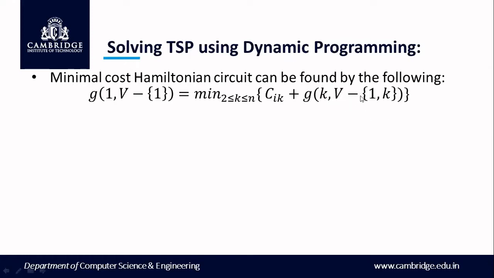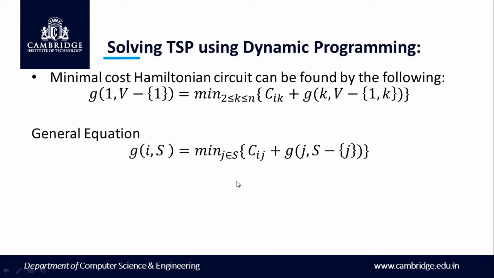That is nothing but G of V minus 1 comma K. This can be generalized a little more, wherein G of I comma S, where I stands for the source vertex and S stands for the remaining vertices, can be given as the minimum cost of C of I to J, that is the connectivity cost of I to J, plus the shortest path G, that is J to the remaining vertices of S, leaving J, that is S minus J.